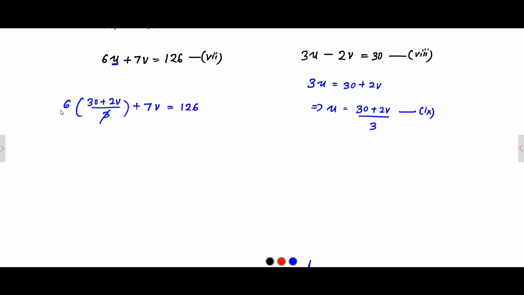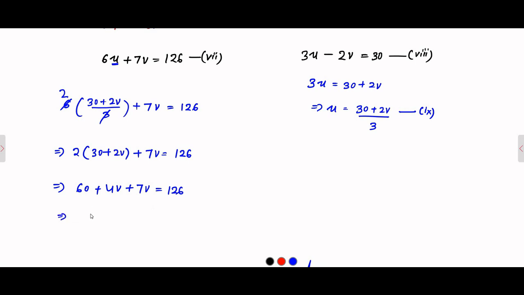So here 6 by 3 is 2, so that implies 2 into 30 plus 2v plus 7v is equal to 126.